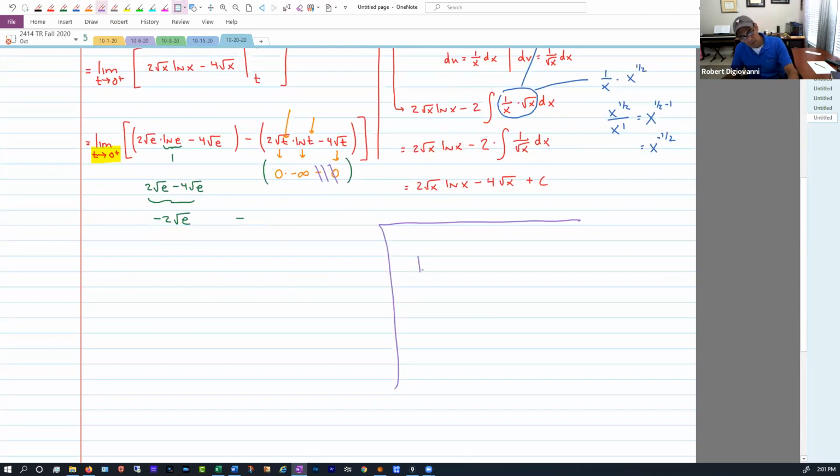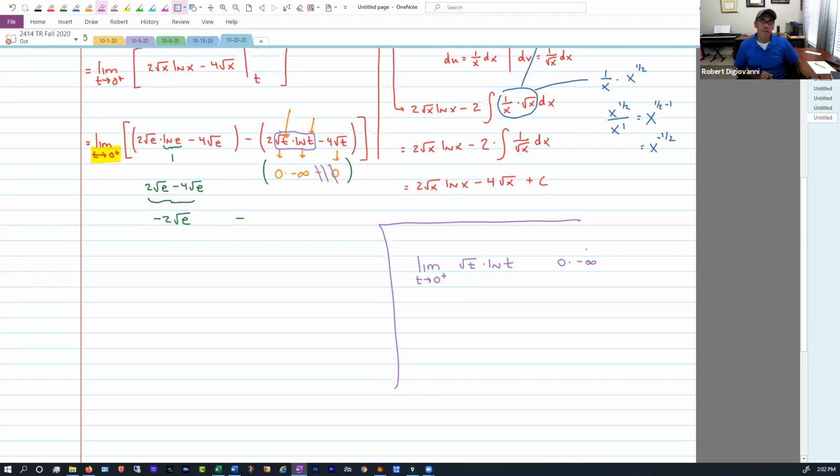I need to figure out what's the limit as t approaches 0 from the right. I'm just going to look at the piece that was causing the problem: square root of t times natural log t. I'm not even going to look at the 2. I don't care about the 2. I'm just looking at this piece and saying, what does that go to? Now, we already know it goes to 0 times negative infinity, right?